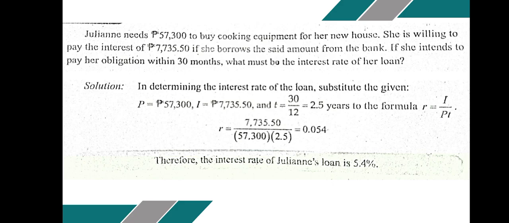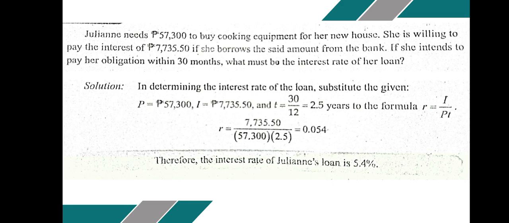And then, with this information, i-substitute natin sa ating formula in finding the rate, which is R is equal to I over P times T, or rate is equal to interest over principal times time. Okay, so since ang interest natin is 7,735.50, let's divide that by 57,300 times 2.5.